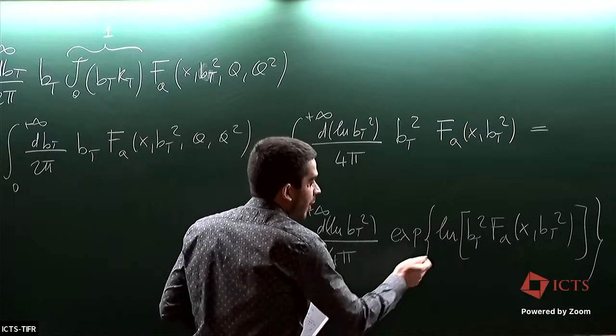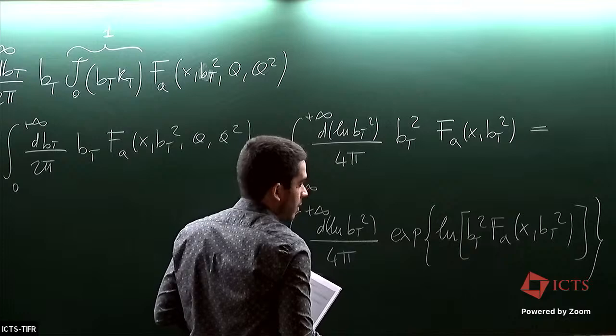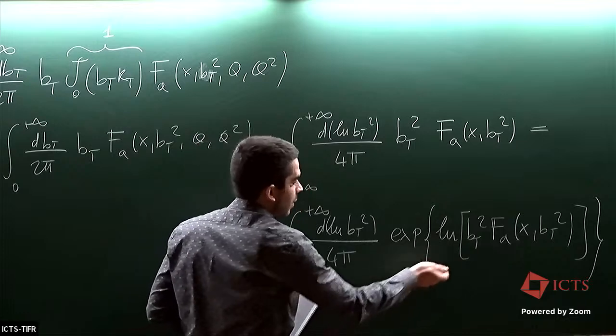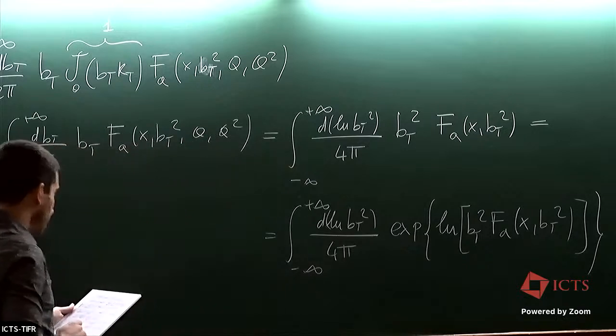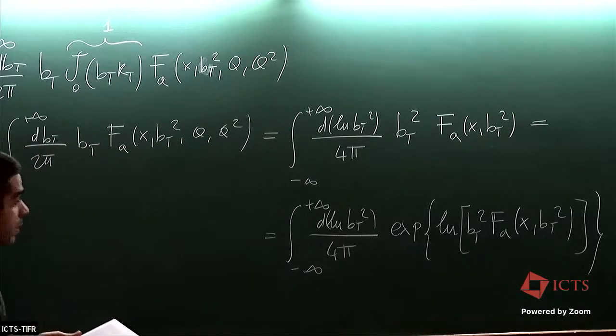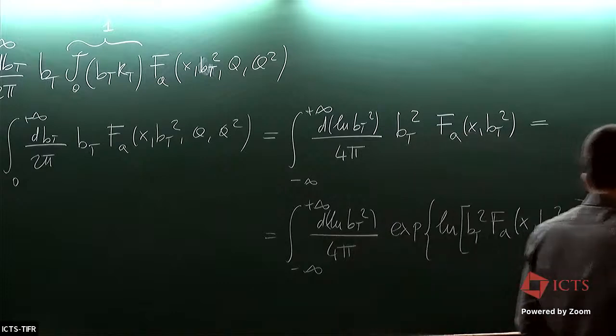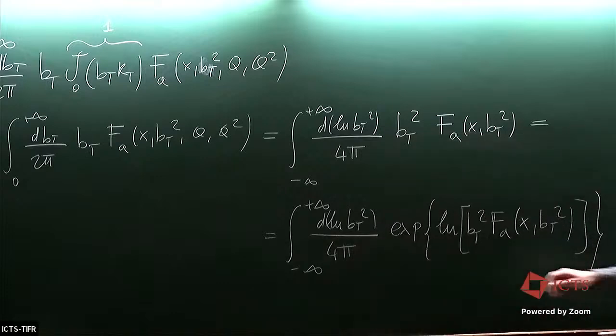All right, so the saddle point is a stationary point for the argument of the exponential. So we have to look for the stationary point of this function with respect to the log of BT square. So you can show that instead of calculating the derivative with respect to log of BT square, you can also calculate the derivative with respect to BT directly. And what you get is the following.